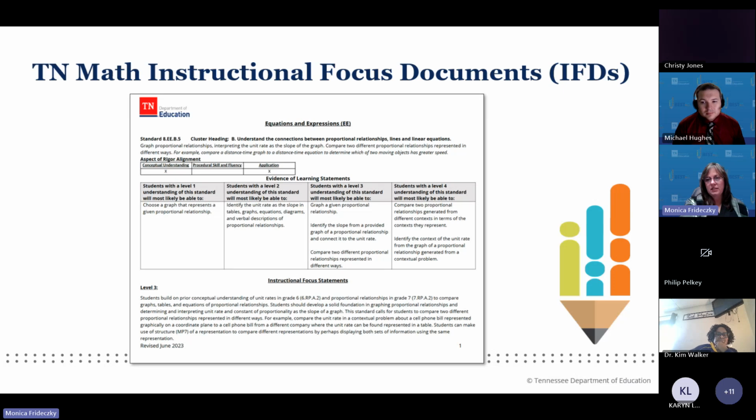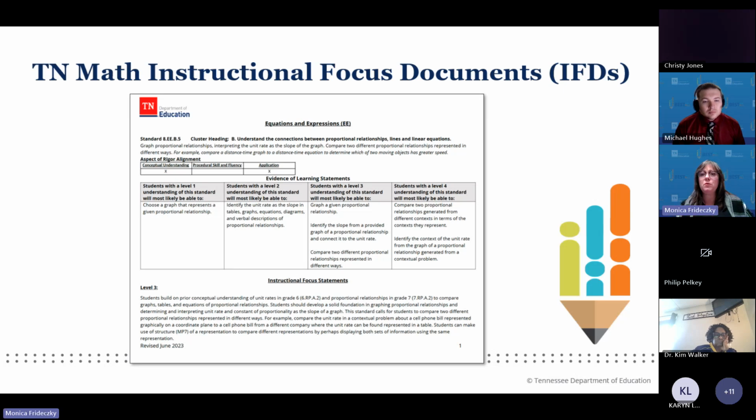Then below that, which it doesn't show on this slide because it would probably be on a second page, is level 4 instruction. If I want my students to master and really be ready for the next thing that's coming, then where should I focus my instruction for reaching a level 4 of understanding?